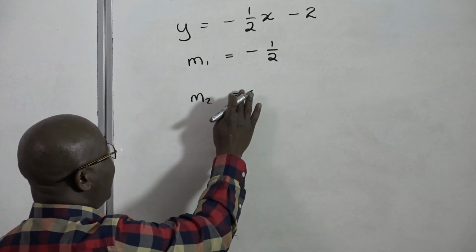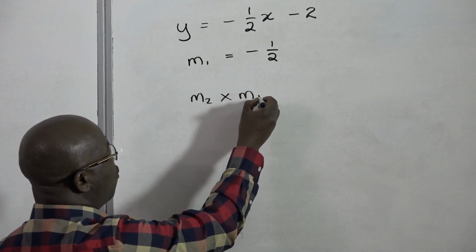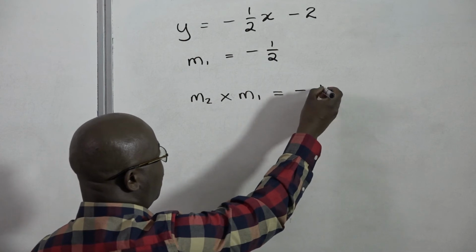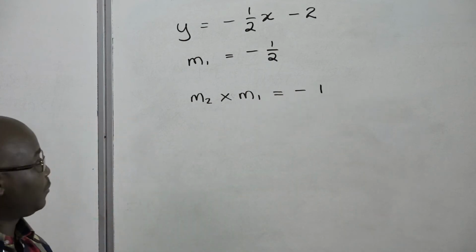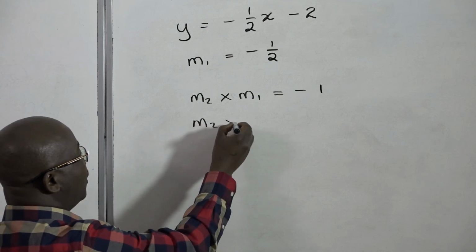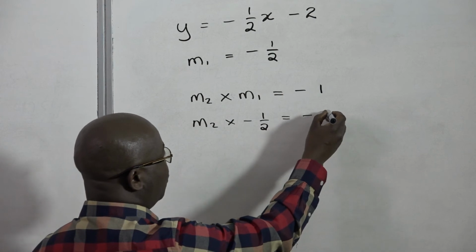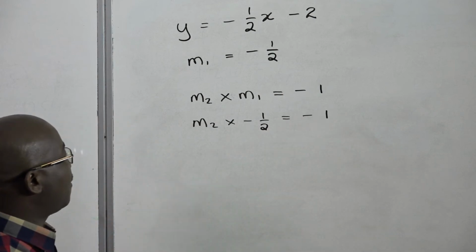We say m2 times m1 is equal to minus 1. We don't know m2, so m2 times minus 1 over 2 is equal to minus 1.